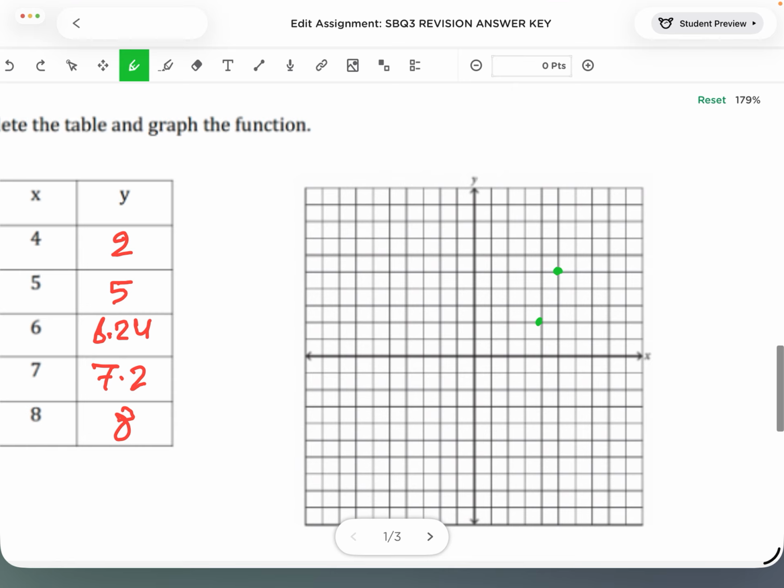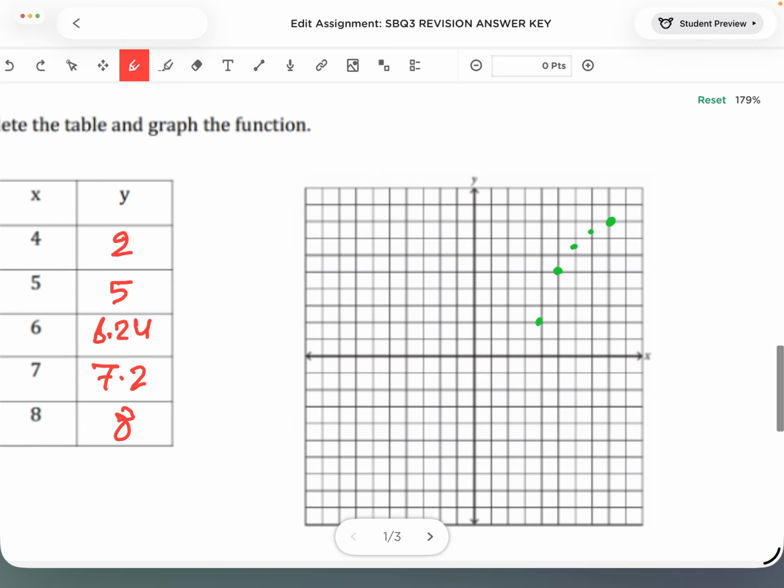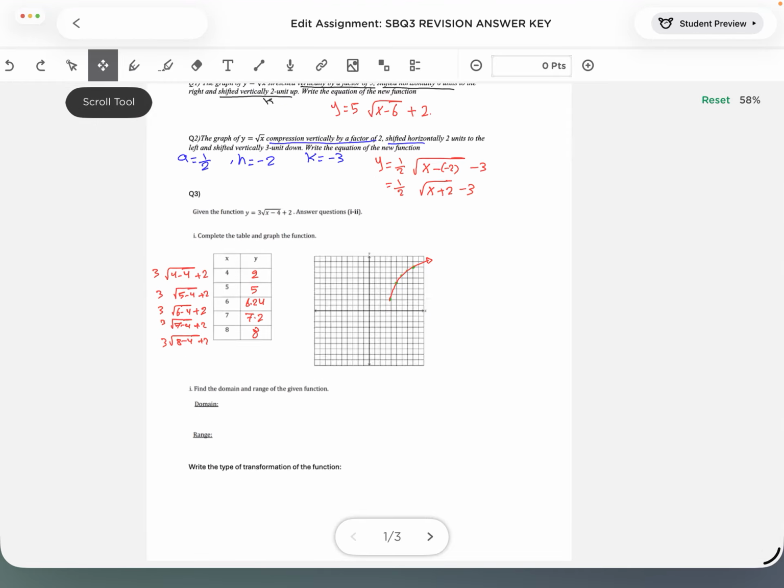The point is here. Then 6 and 6.24. 7 and 7.2. 8, 8. And I will connect these points starting from here, and this is the arrow. Okay.